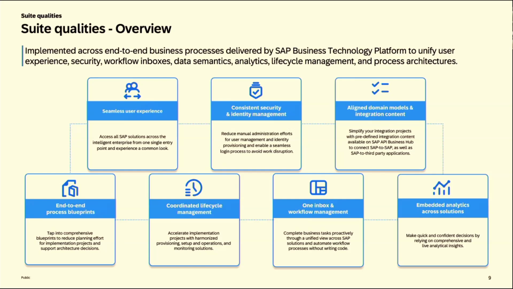So all our LOBs need to be integrated with some or most of these suite qualities. That means, for example, that IAS is a prerequisite to build a SaaS solution, maybe on BTP. That's really a hard requirement and needs to be fulfilled by a new software product that we are shipping. And all the other stuff as well.